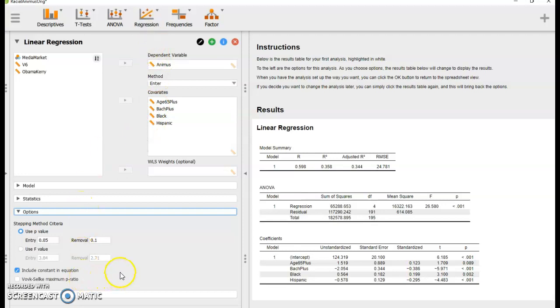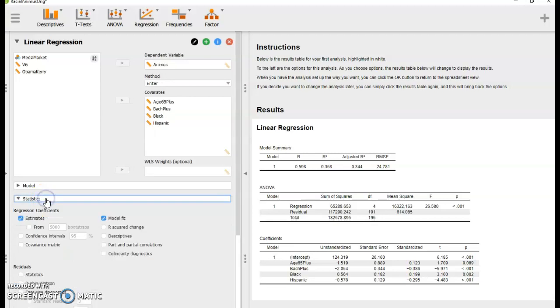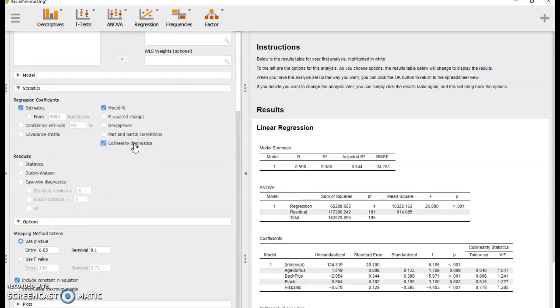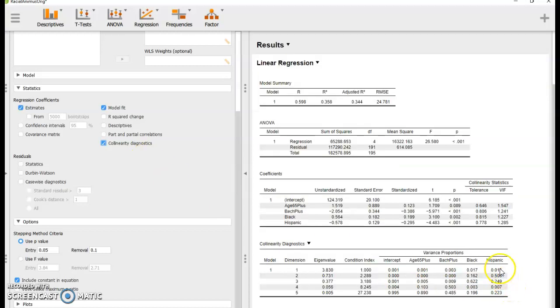I'm not seeing it there. Statistics. There we go. Collinearity diagnostics. So we're going to have that as part. And notice that gives us the variance inflation factor for each of our 4 predictors.